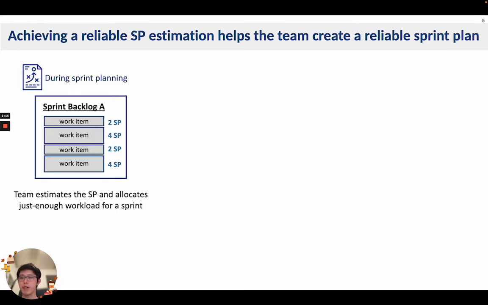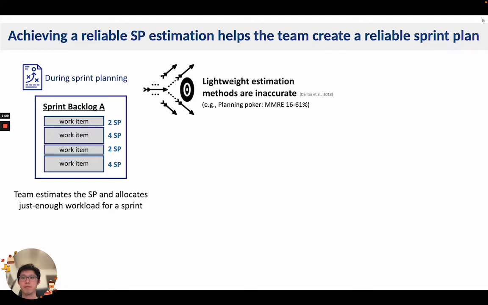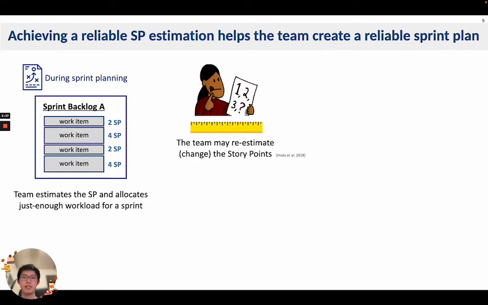Achieving a reliable estimation helps the team create a reliable sprint plan. During sprint planning, the team estimates the story points based on the available information and allocates just enough workload for a sprint. However, expert estimations tend to be inaccurate, so the team may re-estimate the story points to maintain accuracy.